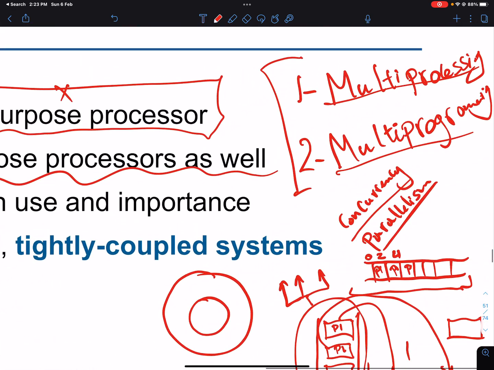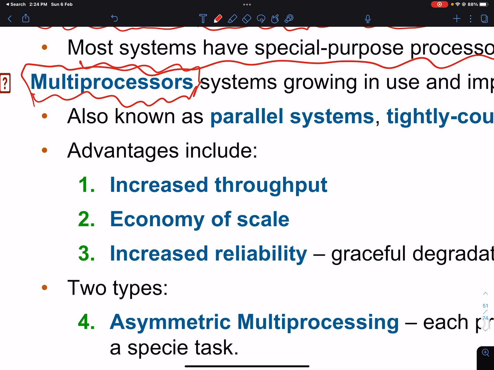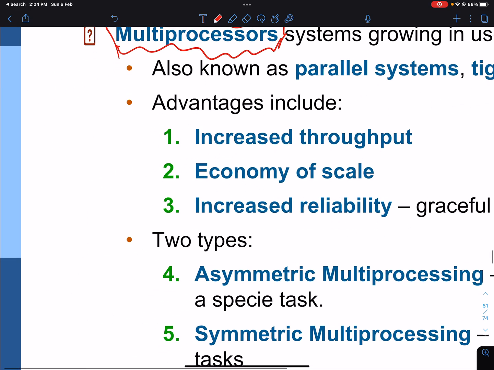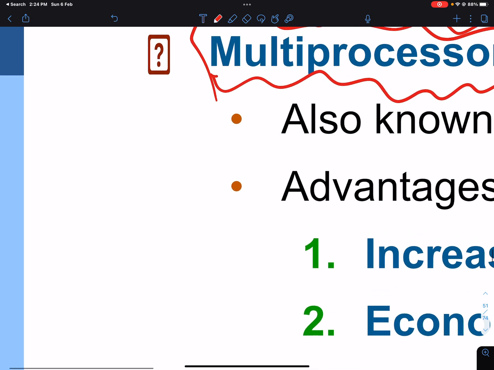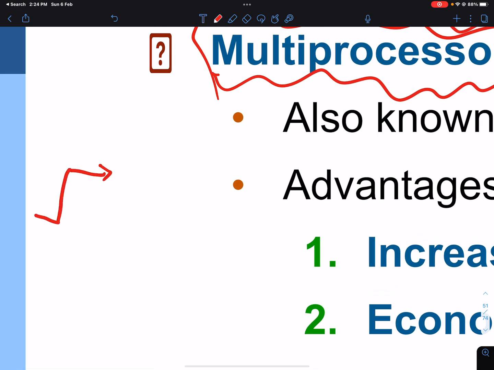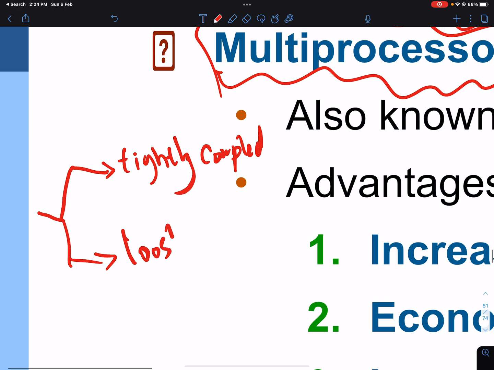Usually when we talk about multiprocessing, we talk about hardware architecture. Multiprogramming is pure software. So when you have multiprocessors, those multiprocessors can be bound together with tightly coupled or loosely coupled.